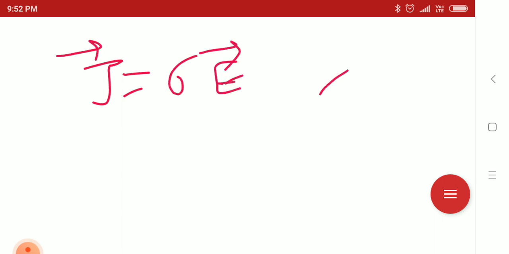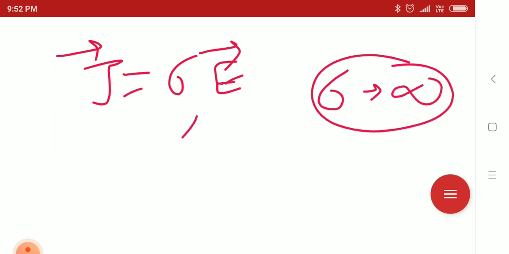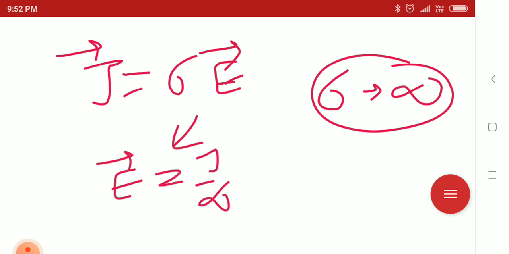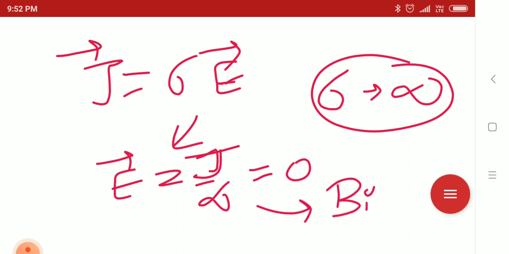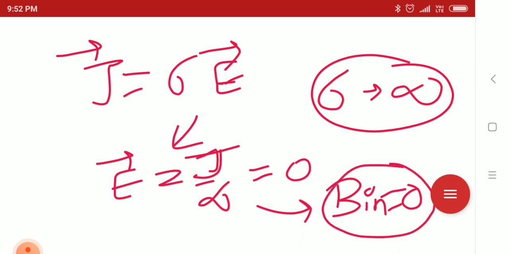Whenever conductivity becomes infinite, the electric field equals J by sigma, J by infinity, which means the electric field is zero. Electric field zero implies the magnetic field inside the material is also zero.